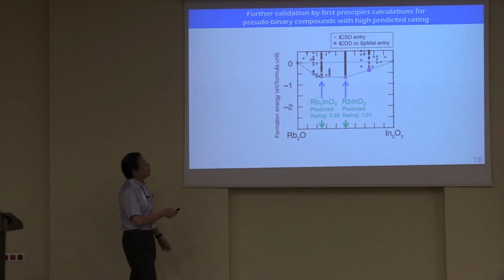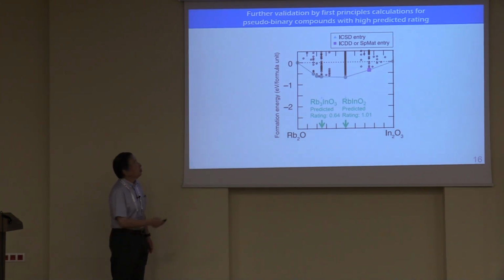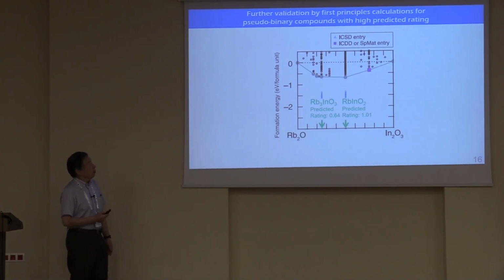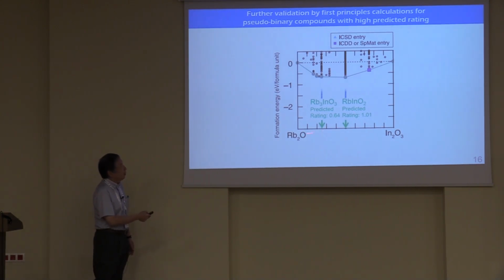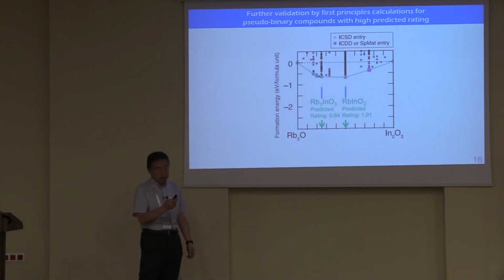And the other one was already reported in ICDD, so this was used as a test. We computed these two, and they were on the convex hull. So in that way, by first principles calculation, this predicted result was well confirmed.